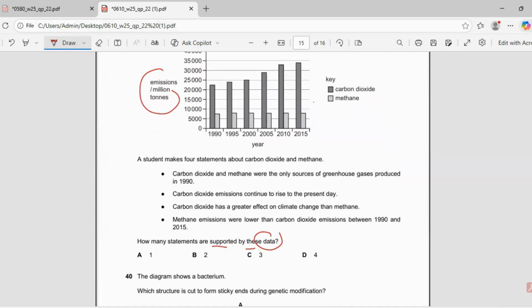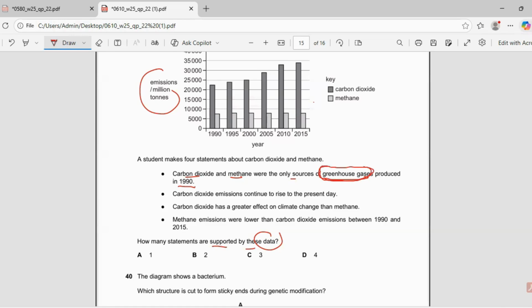The first says carbon dioxide and methane were the only sources of greenhouse gases produced in 1990. Now this is very confusing. If you read it directly, you will say that this is wrong. Okay, but yes, this is wrong. Of course, this is wrong. You know why? Because while it says that carbon dioxide and methane were the 2 sources, it does not say they were the only greenhouse gases.